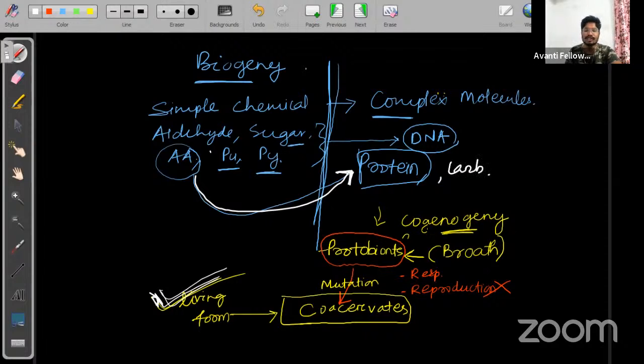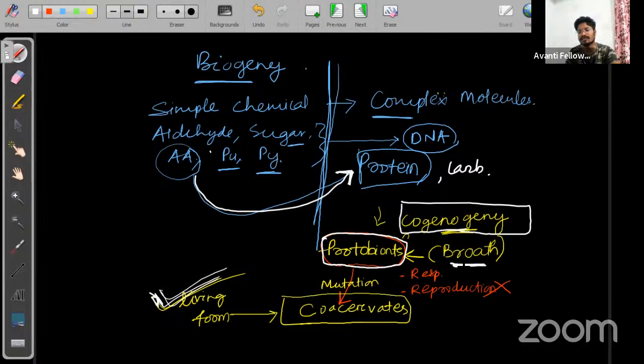Next, in cogenogeny, comes our next part, that is these complex chemicals bind together, react together, and form the protobionts. This is the first living form, and they are formed in the broth. The water body that I told you about, the broth, this is the water body, and inside it the living forms were formed for the first time.